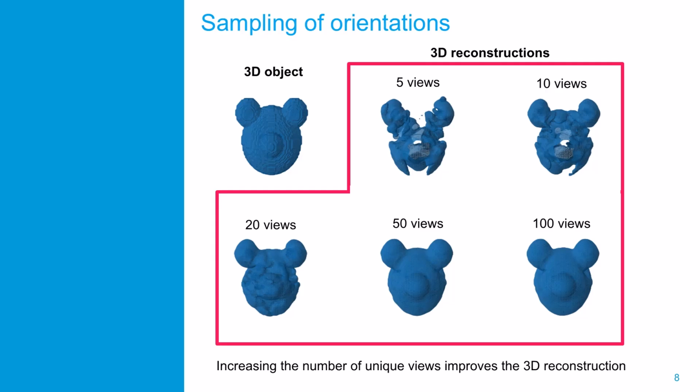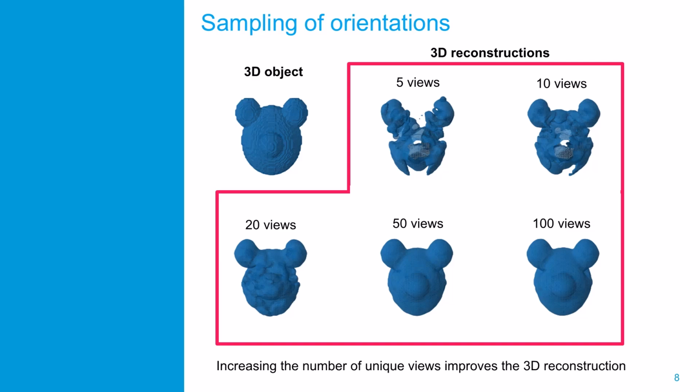Now, as we are increasing the number of views, as you can see here, so the unique views that we have of this 3D object, we improve the reconstruction quality. With only 5 views, we can already reconstruct an object that roughly represents the core features of our teddy bear face. We see the ears, we see the nose, and we see the round face of the teddy bear. With 10 views, we are improving the detail.